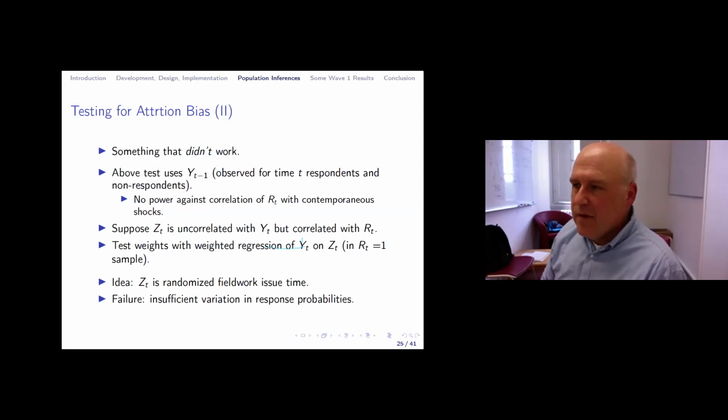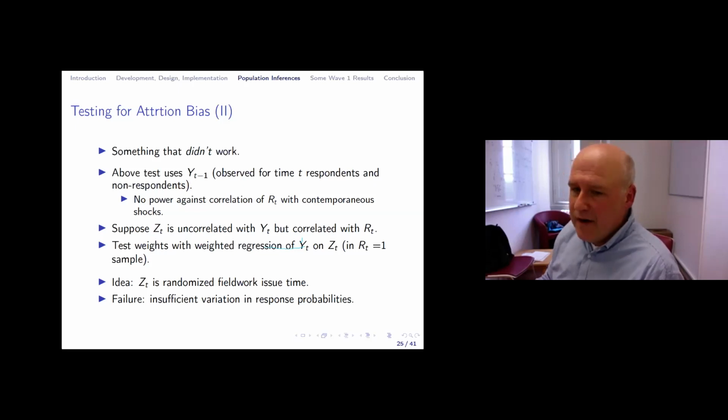So the idea was to generate a random variable. If I generate a random variable, then I know by construction that it's uncorrelated with, say, the share of housework done by the female partner. But I make that random variable correlated with response because I use it to randomize some aspect of the fieldwork process.